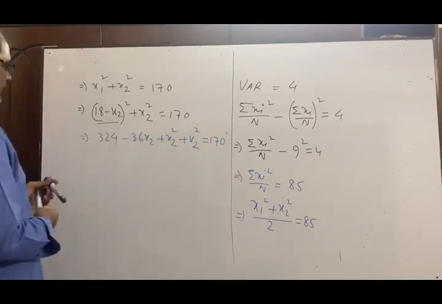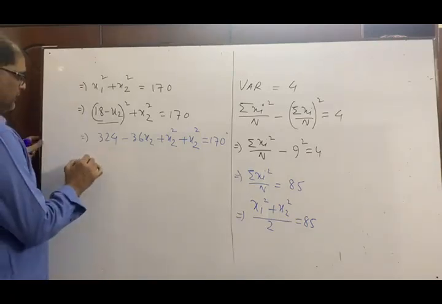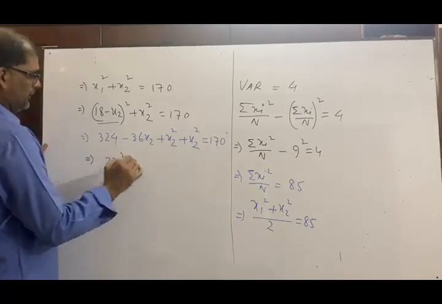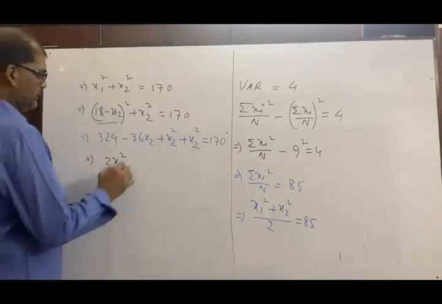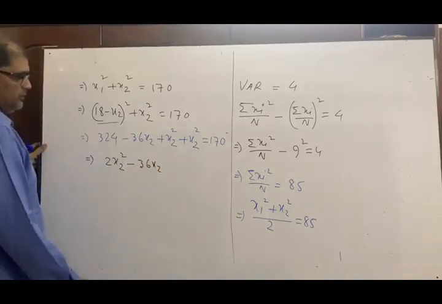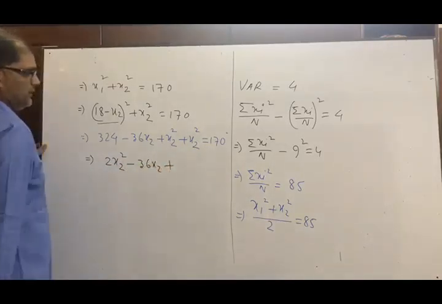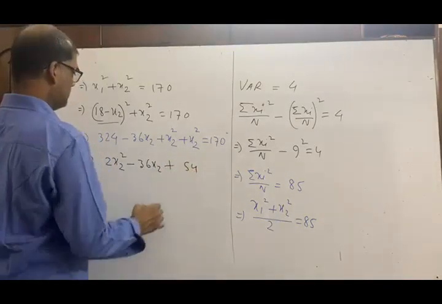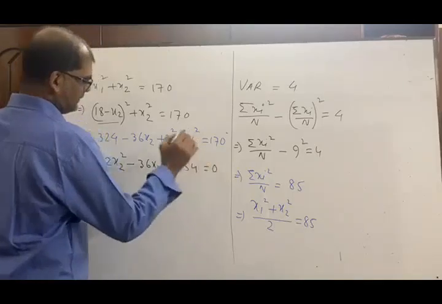That means we are getting 2x2 whole square minus 36x2 plus 454.